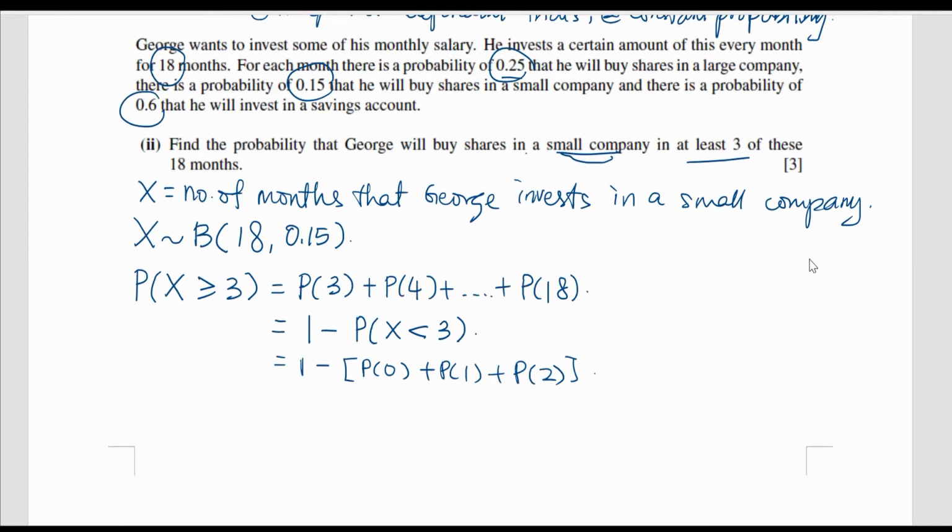Okay, so now I'm going to write down the formula. When X equals 0, 18C0 times 0.15 to the power 0 times 0.85 to the power of 18.